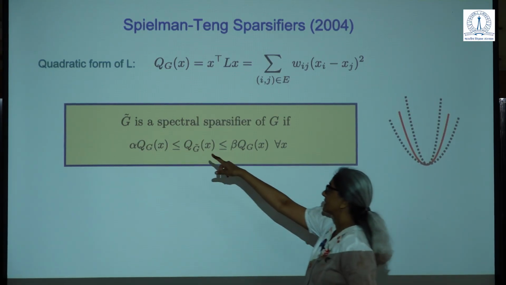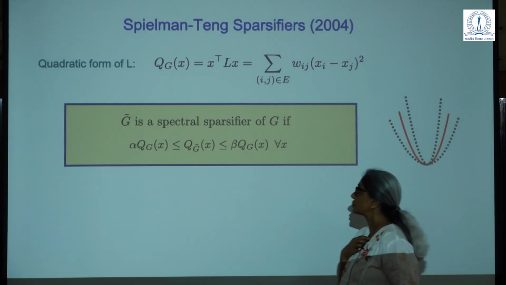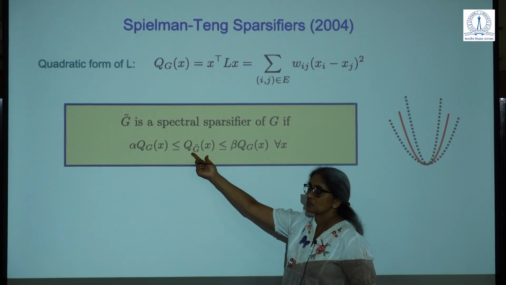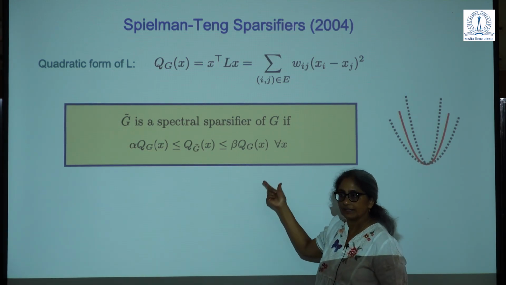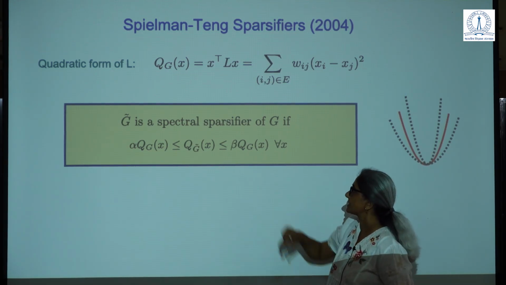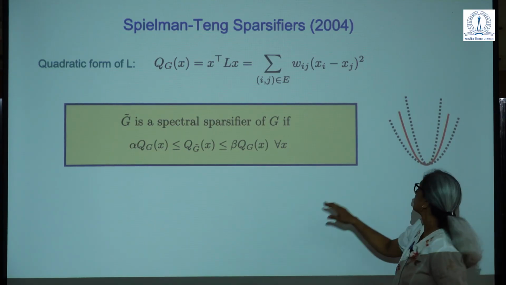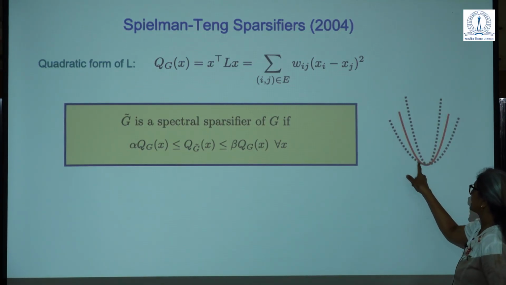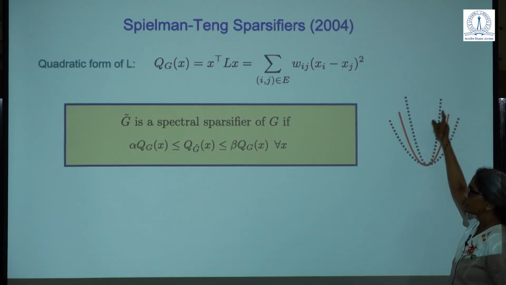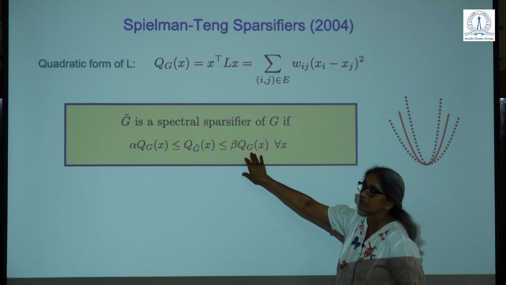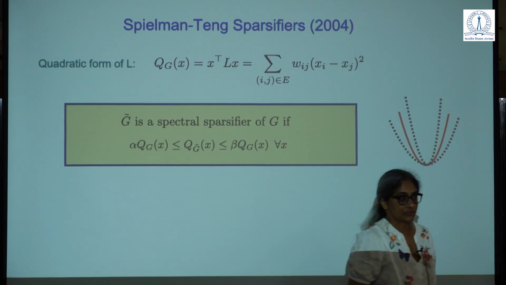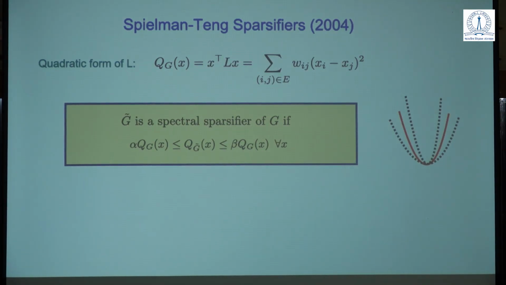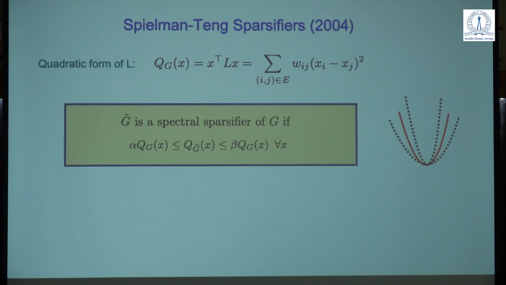They'll say that G tilde is a spectral sparsifier of G if the quadratic form of G tilde is sandwiched between the quadratic form of G on both sides with two constants alpha and beta. So if I take the quadratic form of G tilde, let's assume it's red, I want it to be at most beta times the quadratic form of G and at least alpha times the quadratic form of G. The scaled versions are what I'm putting in the dotted parabolas.